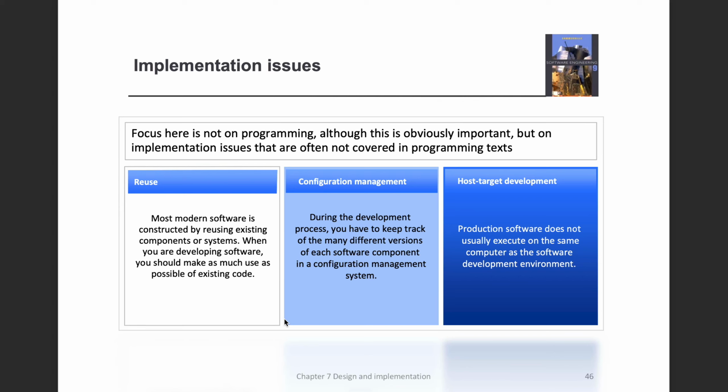And we have host-to-target development. That means that production software does not usually execute on the same computer as the development environment. So it is very important that when you are developing software and implementing it, the production and development environments do not stay in one place.